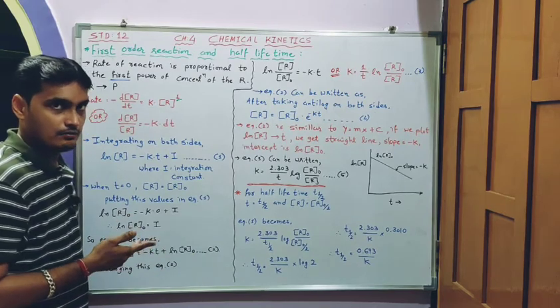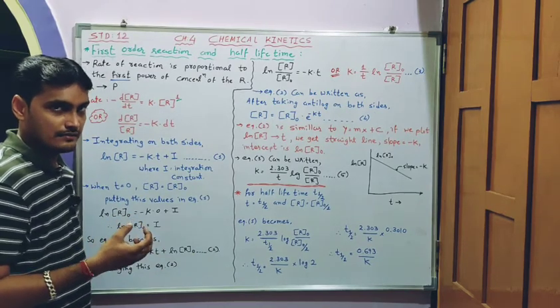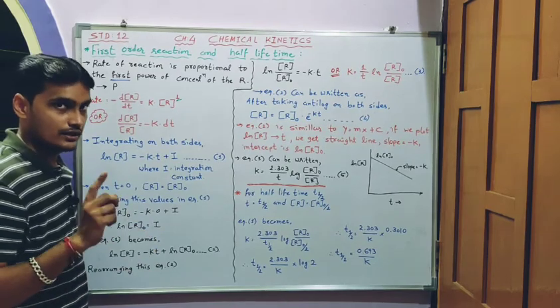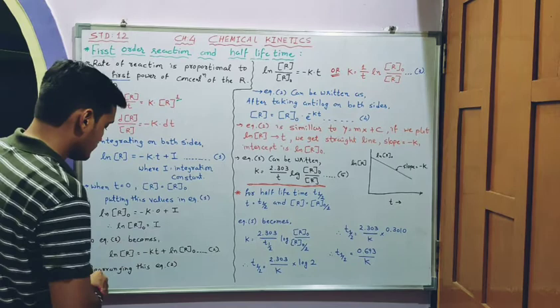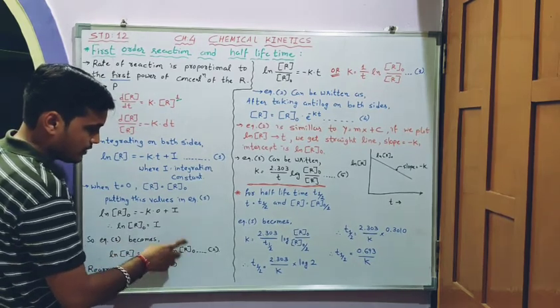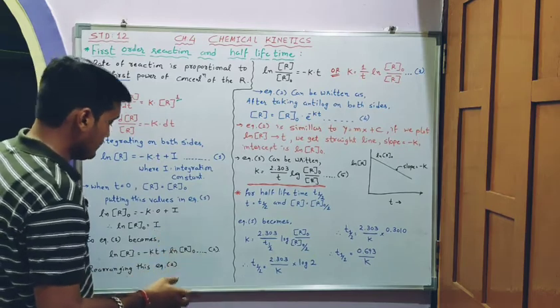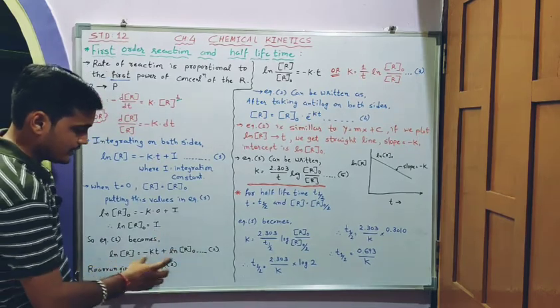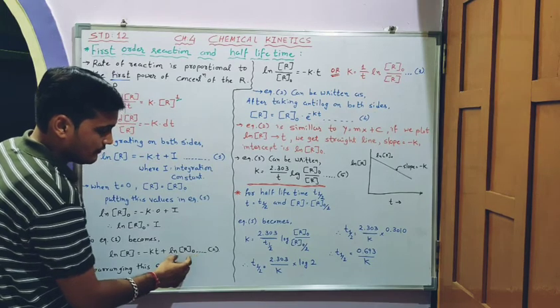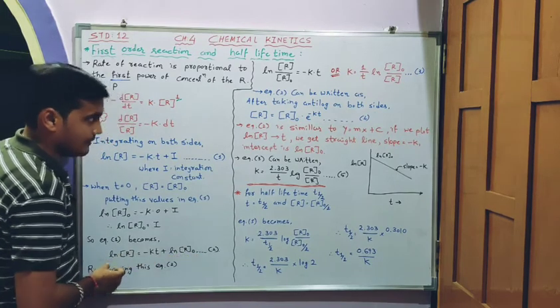After this equation number 2, this theory becomes slightly different from zero order reaction. Now you have to rearrange equation number 2. What we do: ln R0 on the right hand side, we take to the left hand side.